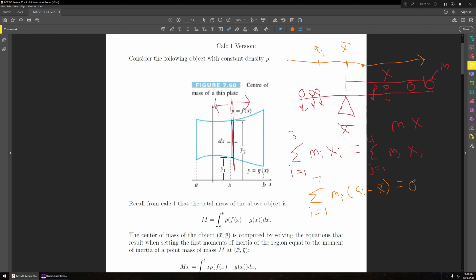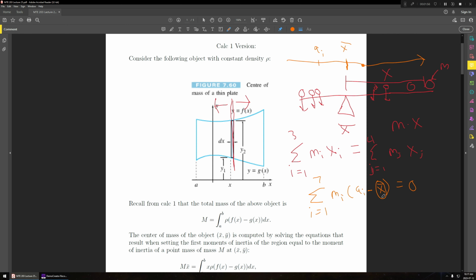And this all should be 0 if I want the forces to balance out at x bar. I don't know what x bar is; it is an unknown. I want to know x bar. But I have one center of mass, and at the center of mass, all the forces will balance, because if I put my finger there, it'll stay balanced.